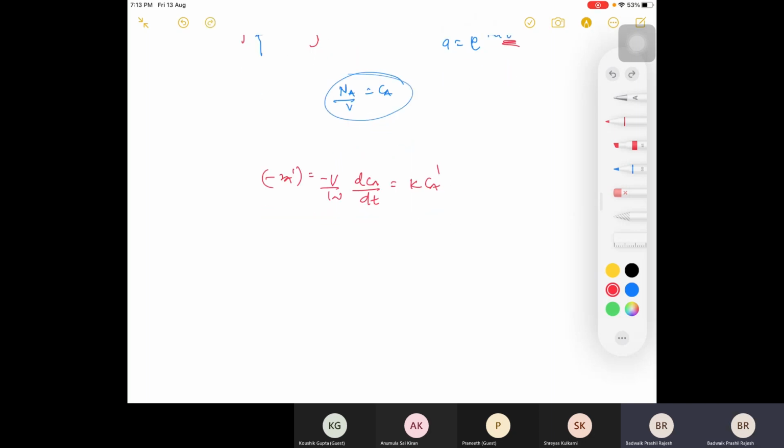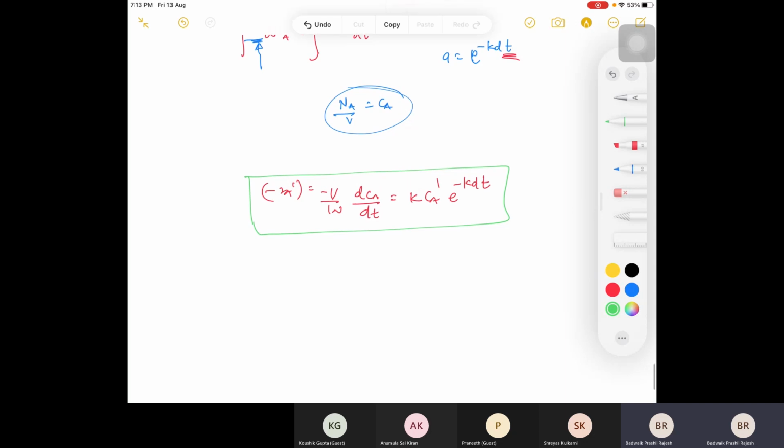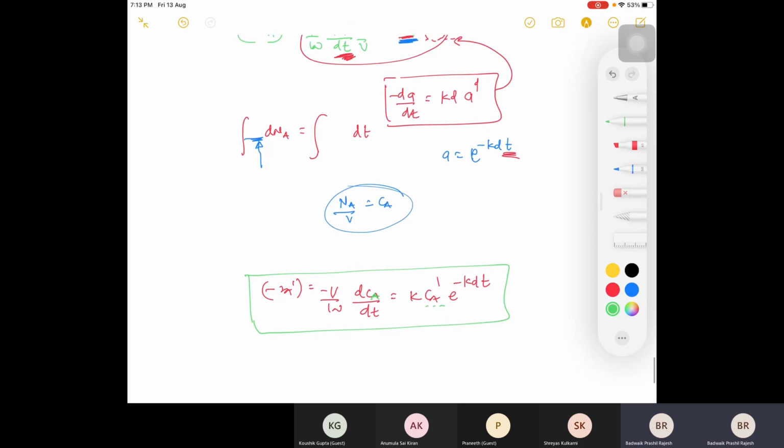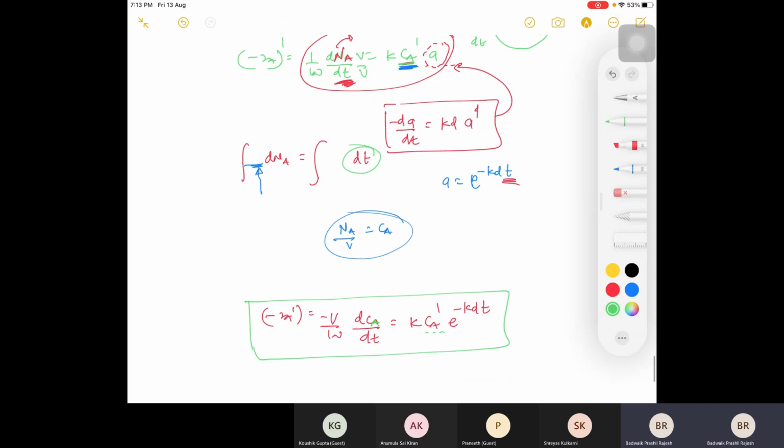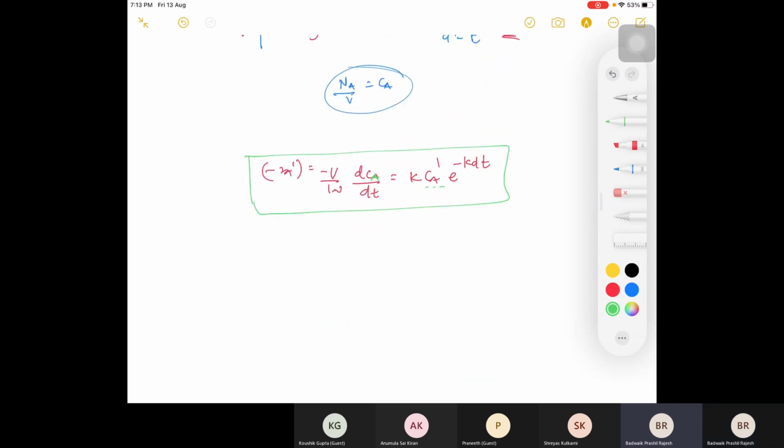And you can write this activity in terms of e to the power minus kd into t. What I was telling is you cannot integrate unless you have the same variable here, dCA and here CA, because here you had NA and here it is CA. So you need to convert those terms into integrable form. You can obviously integrate with respect to dt because there is the term t and you have dt as a differential.